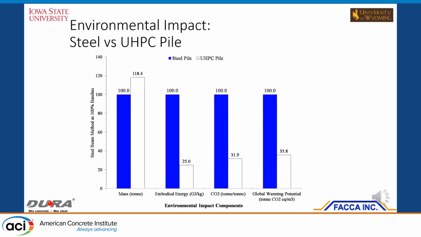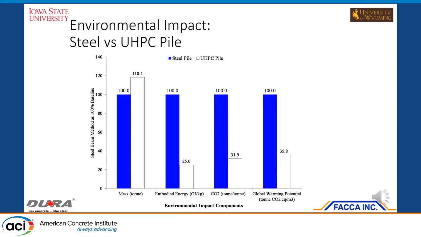So we looked at some environmental impact to convince our client to accept the change proposal. It's steel versus UHPC piles. You can see that the blues are the benchmark for the steel piles, and the white one is just the UHPC piles.